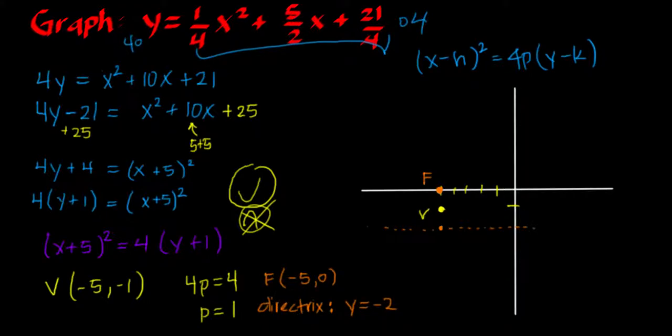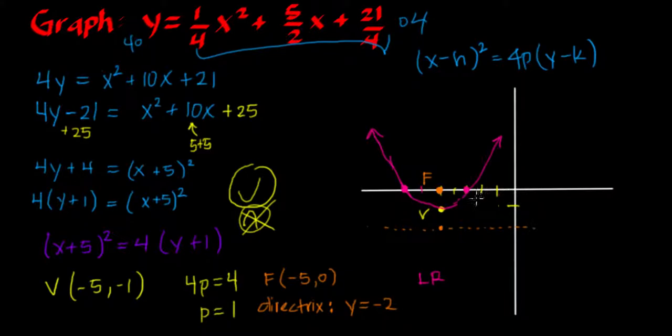The last thing I want to find is my latus rectum points. Remember, the latus rectum is 2p, or 2 times 1, which is 2 spaces from the focus to the right. Put a point right there. To the left, put a point right there. Now, if I want to, I can connect those 3 points and extend out my parabola. I'll write down my latus rectum points.